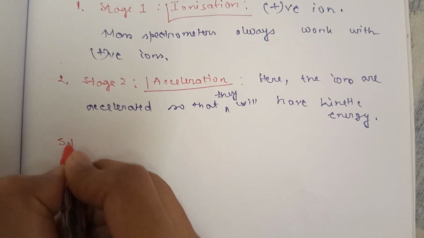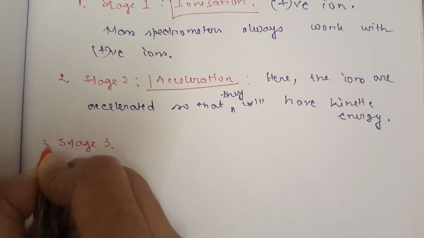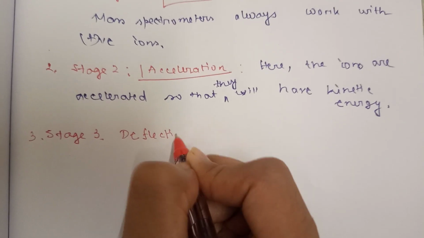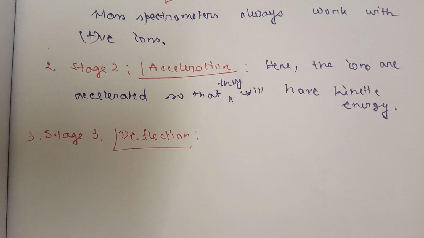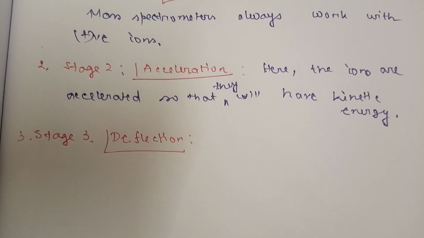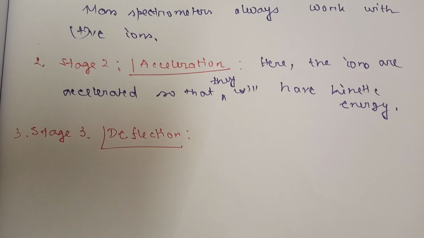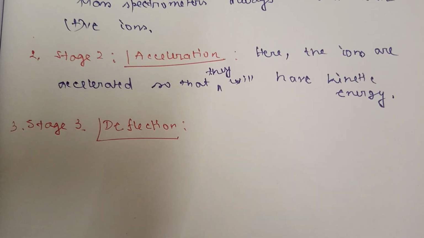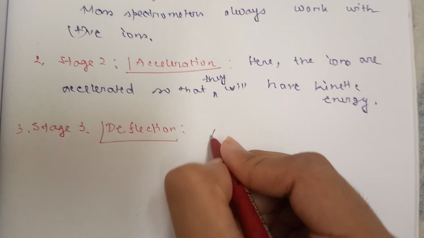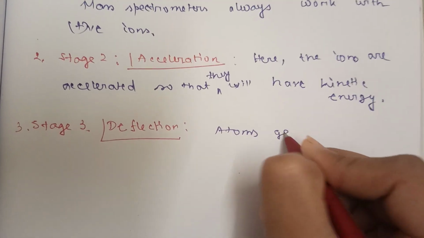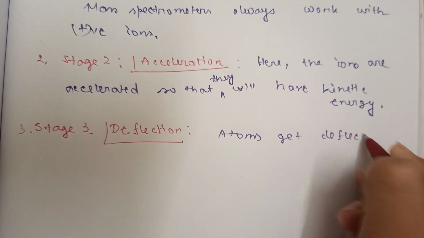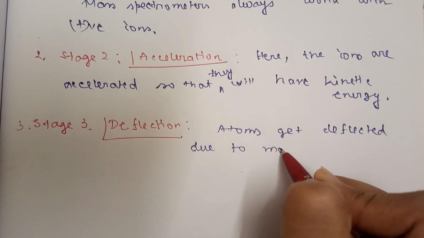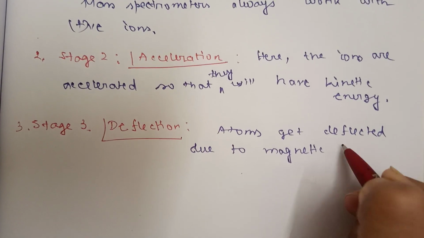Now the third stage, that is deflection. So in a mass spectrometer there will be one magnetic field. Atoms can be deflected by magnetic fields if the atom is first turned into an ion. So ions get deflected due to the magnetic field.